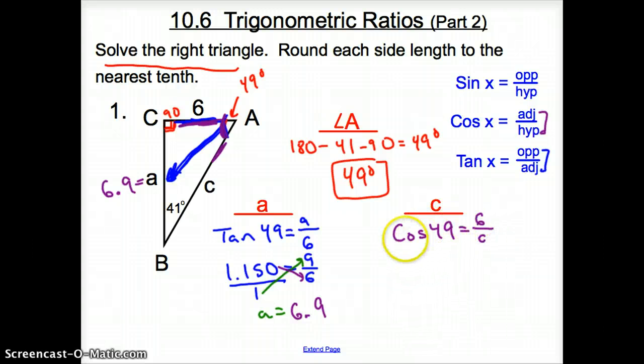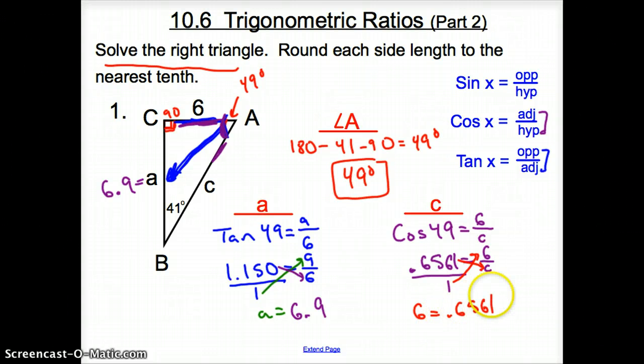Very first thing we do, find out what cosine of 49 is. Well, that's going to be 0.6561, and that's going to equal 6 over C. This looks a little bit messy, but we put that over 1, and we're going to cross multiply it. So we have 6 equals 0.6561 C. How do I get C by itself?